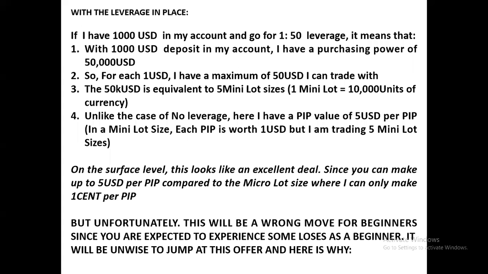So unlike the case of no leverage, here I have a pip value of $5 per pip. In a mini lot size, each pip is worth $1, but I am trading 5 mini lot sizes. So this is a huge sum of money. If there is an increase in the quote value, I can make so much money here.